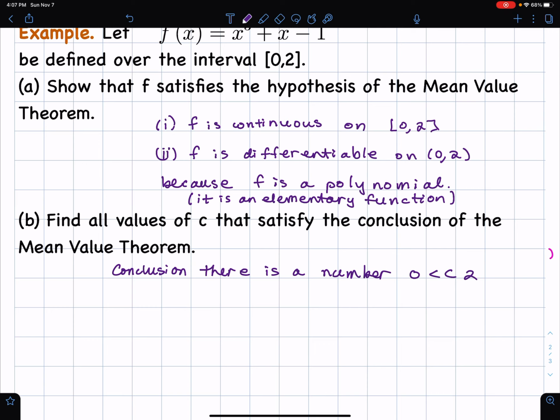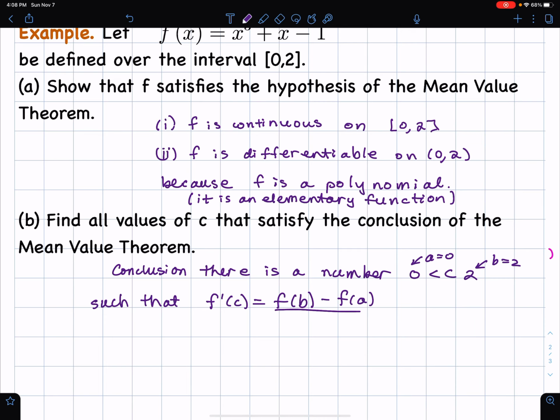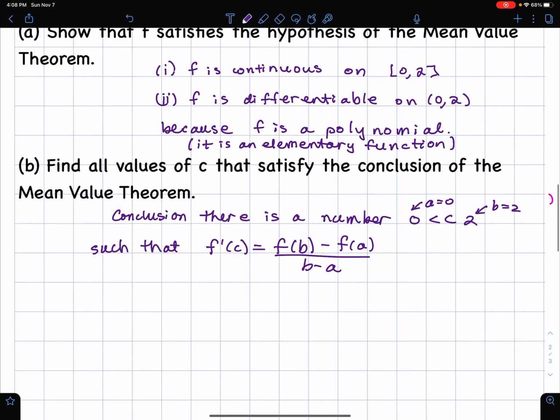So a equals 0, b equals 2, such that f prime of c is equal to f of b minus f of a over b minus a. So for our case, a is 0 and b is 2, so it's f of 2 minus f of 0 over 2 minus 0.